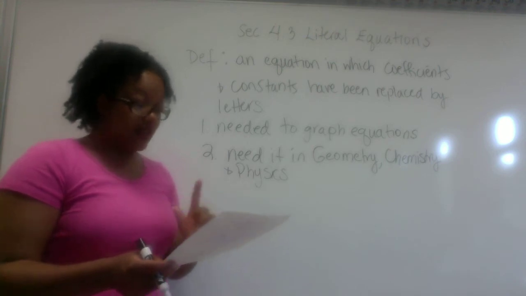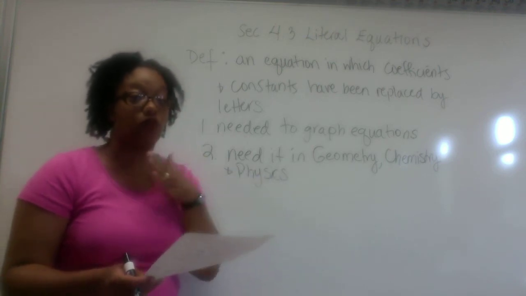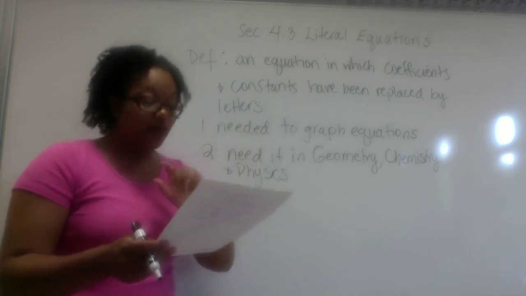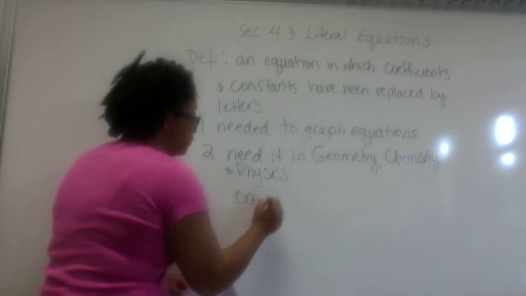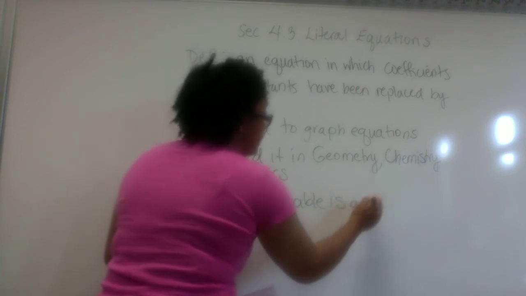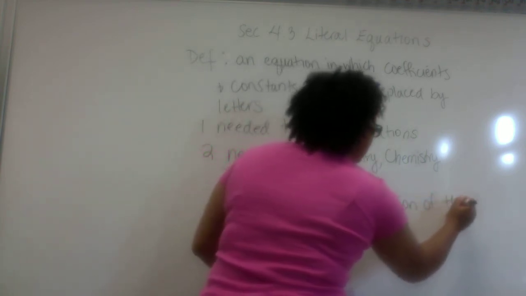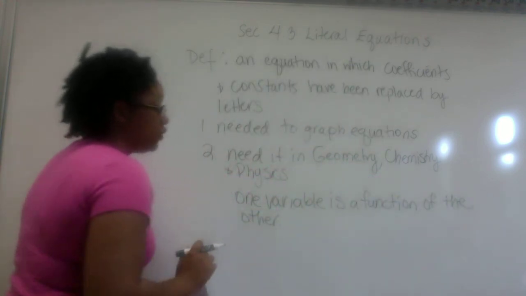So the next sentence says, when an equation has two variables, so we're talking about more than one, the equation must be rewritten so that one variable is a function of the other. So this is what you put in that blank on your notes.